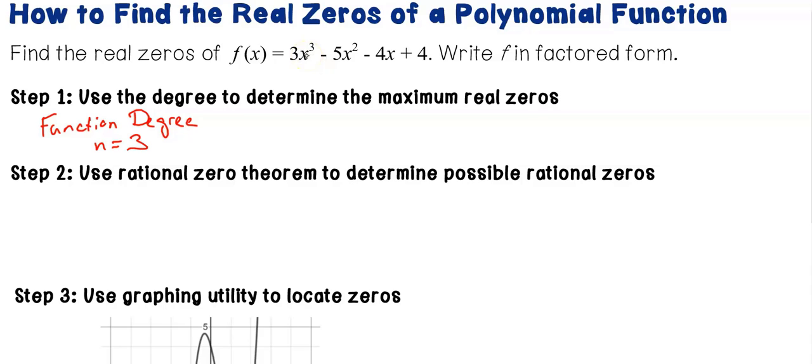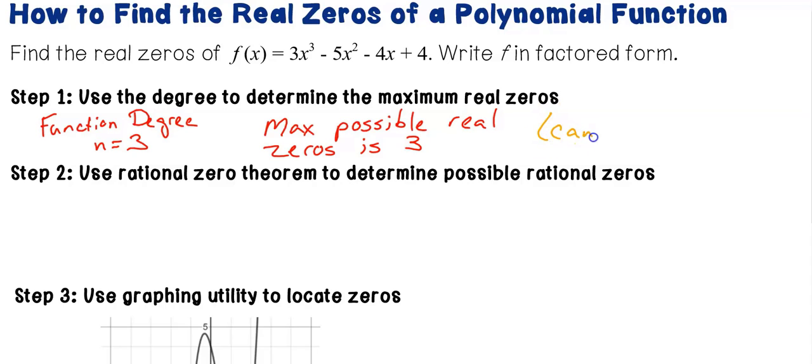So that means the max possible real zeros is 3. Okay? Don't forget, it can be less than 3, but it can never be more. Okay?